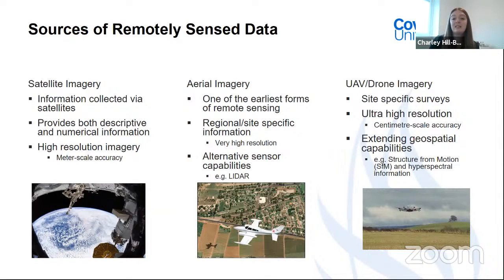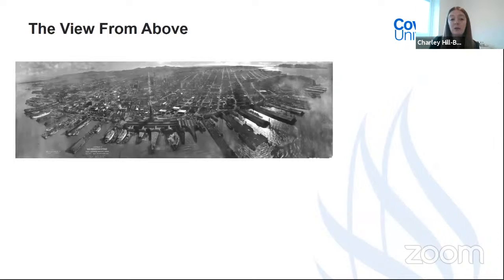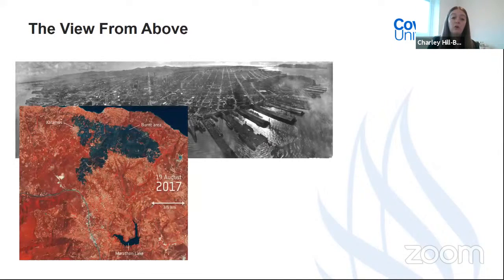So if we think of this then, it's our bird's eye view, it's our view from above. It allows us to see information. It allows us to collect perhaps more descriptive information, but also more numerical or informative information.